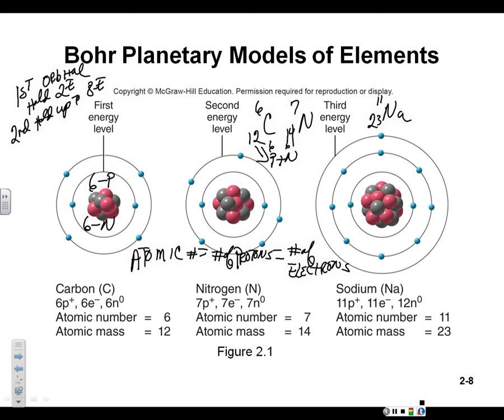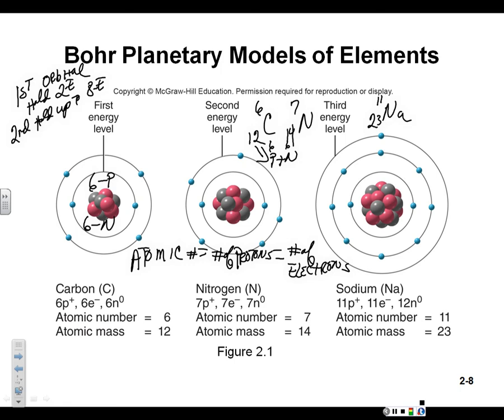All right. Sodium. What's the atomic number for sodium? What's the number of protons for sodium? How many neutrons for sodium? All right. How many electrons for sodium? How many in the first orbital? How many in the second orbital? How many left?